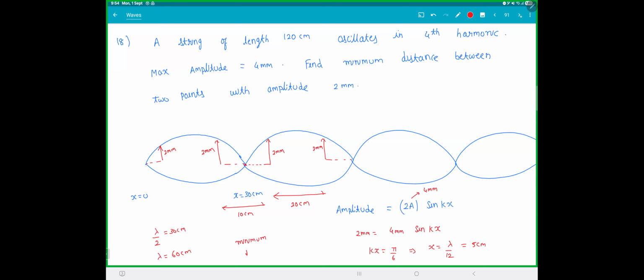Be careful, 10 and 20 both will be there. Make sense? If the question was within the loop, it would have been 20. So the minimum distance is actually between the alternate loops. Any doubts on this?